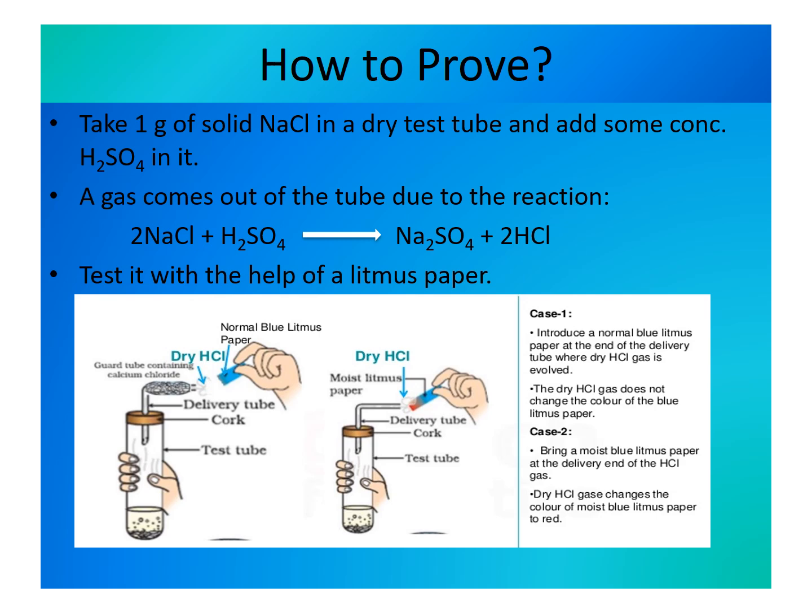If now you moisten this litmus paper a little bit, as soon as you now bring the moist litmus paper near the mouth of the delivery tube, you will see that the color changes to red. So what do you conclude with this activity?